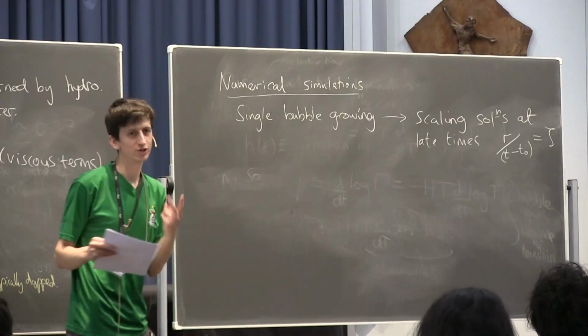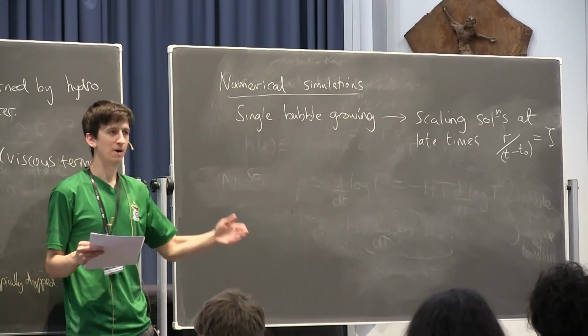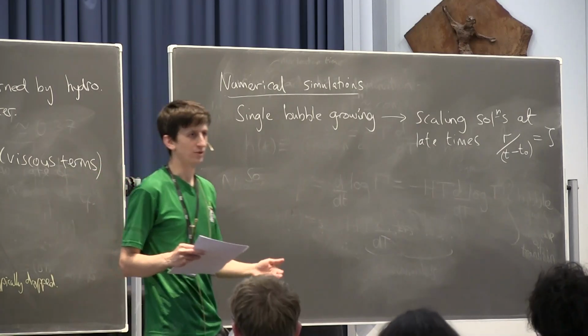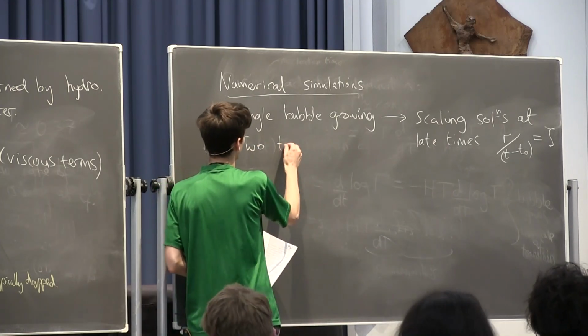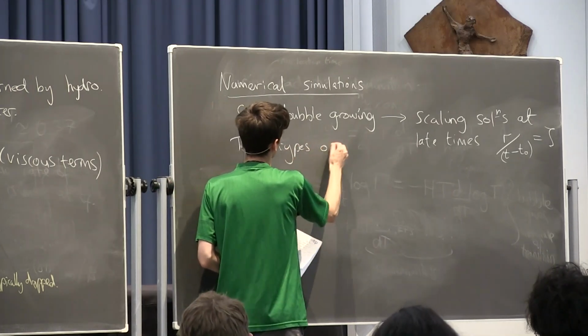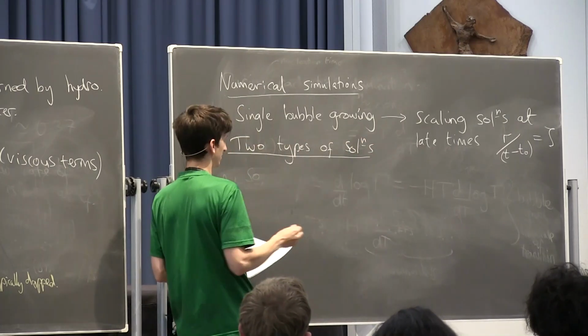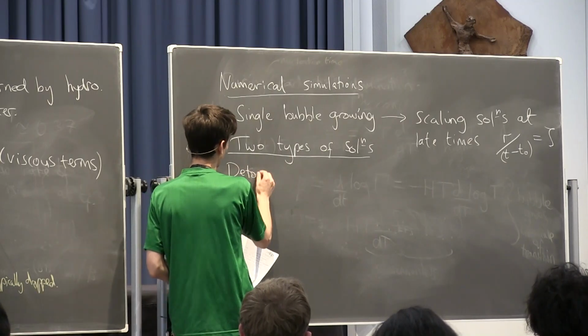And one finds two types of solutions depending on whether the speed of the bubble is faster or slower than the speed of sound in the fluid. So there are two types of solutions, which one finds numerically. The first is the detonation.